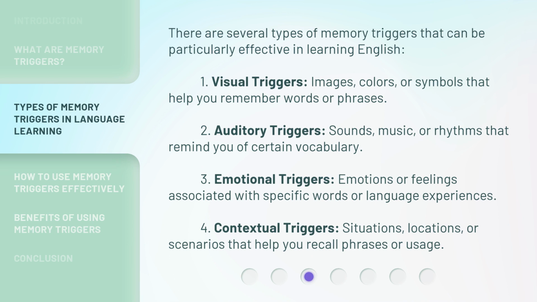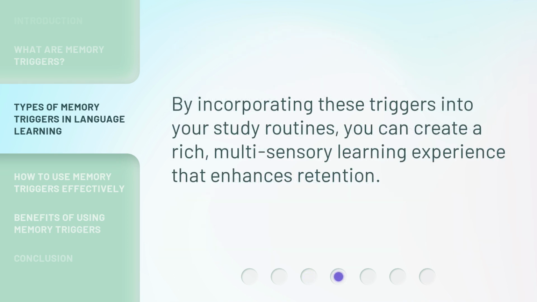Emotions or feelings associated with specific words or language experiences. 4. Contextual triggers. Situations, locations, or scenarios that help you recall phrases or usage. By incorporating these triggers into your study routines, you can create a rich, multi-sensory learning experience that enhances retention.